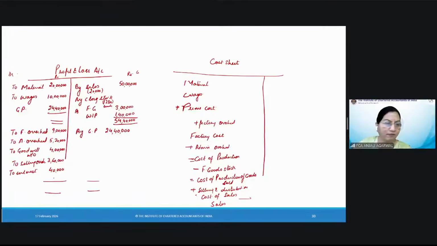So you're left with financial profits of 2 lakh 20,000.